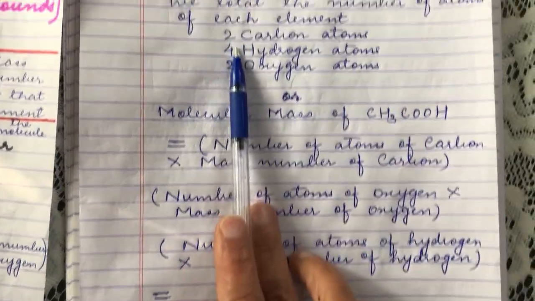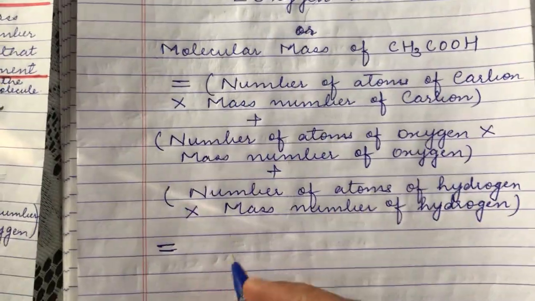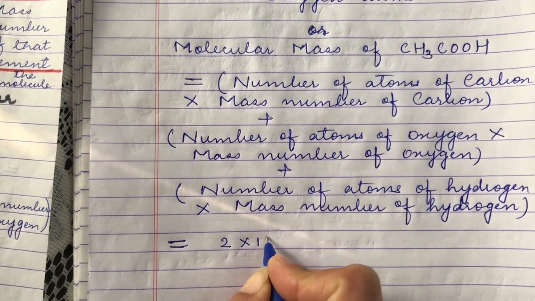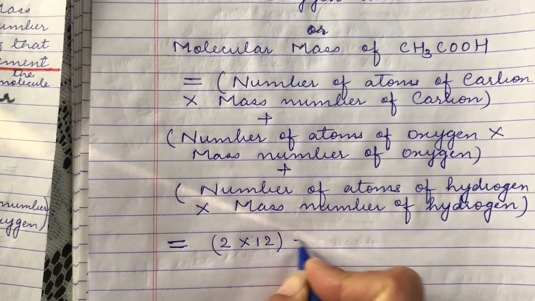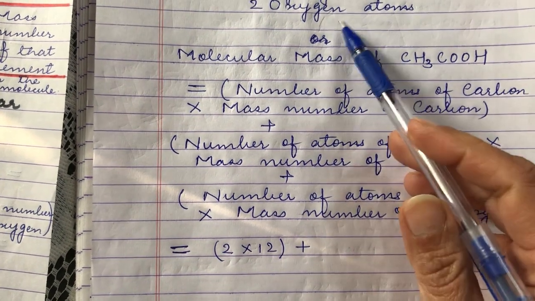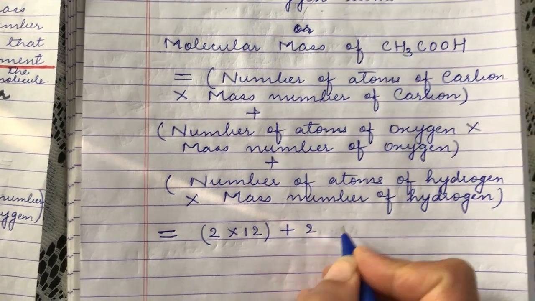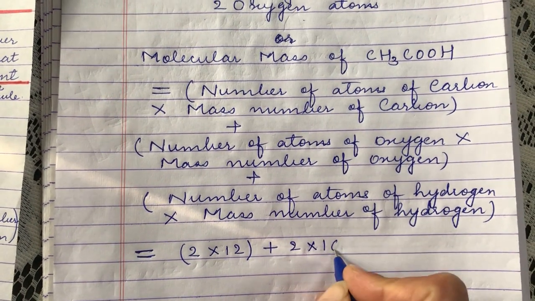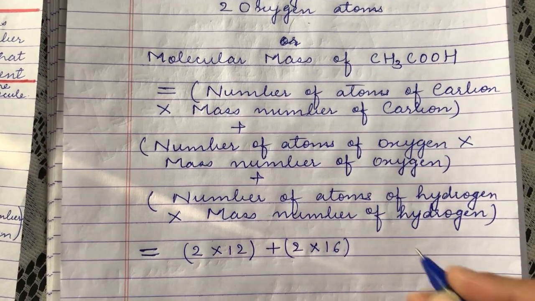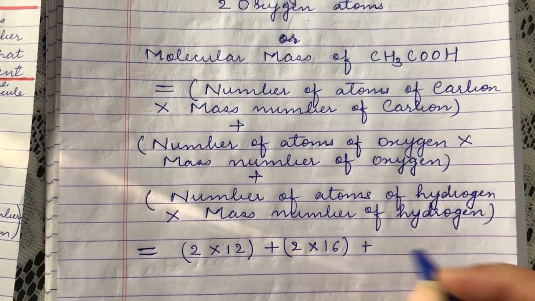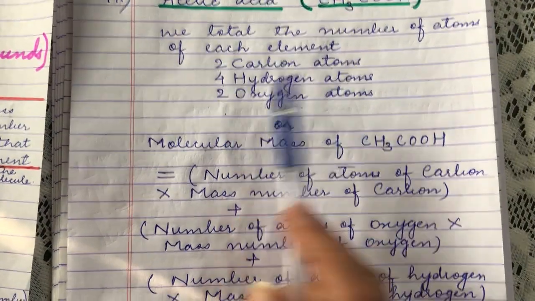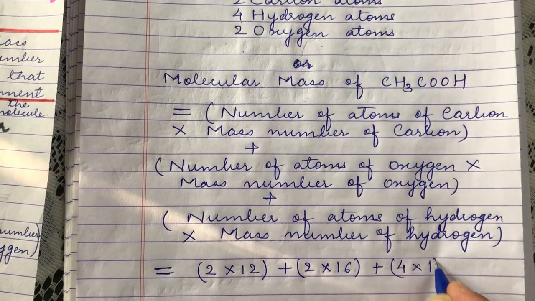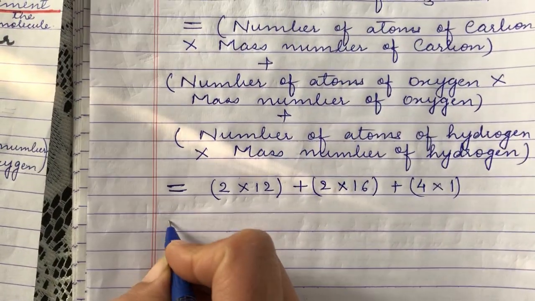Now since there are 2 atoms of carbon in acetic acid, we take 2 multiplied by the mass of carbon, which is 12, plus the number of oxygen atoms here are 2 multiplied by the mass of oxygen, which is 16, plus the number of hydrogen atoms are 4 multiplied by the mass of hydrogen, which is 1.